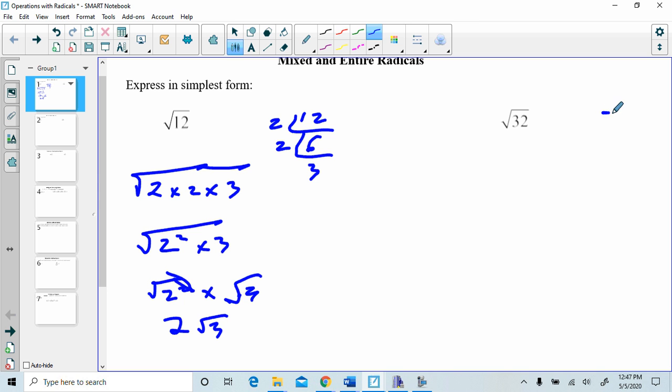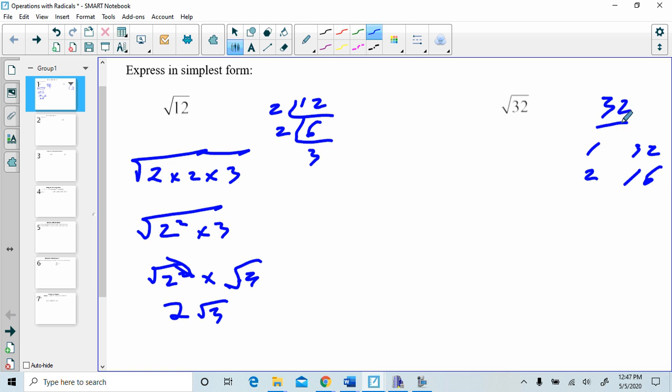So if we're looking at 32, 1 times 32, 2 by 16. It's not divisible by 3. 3 plus 2 is 5. We know that 5 is not divisible by 3. And then we just keep going. Okay, so divide by 4, and not 5, 6, 7, etc.